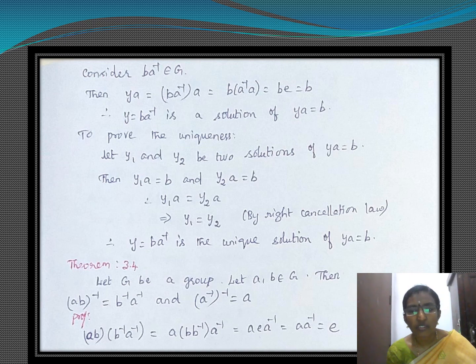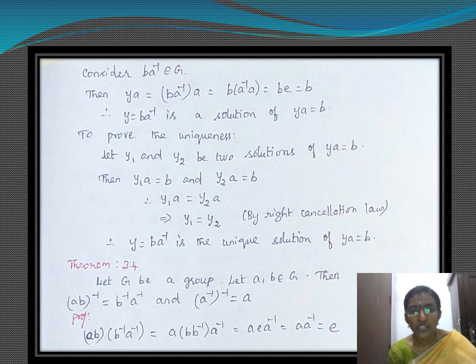For the next equation, Ya equal to B, we have to take an element B A inverse. Then Ya equal to B A inverse into A equal to B into A inverse A equal to BE equal to B. Therefore, the element Y equal to B A inverse becomes the solution for Ya equal to B. Here also we have to prove the uniqueness.